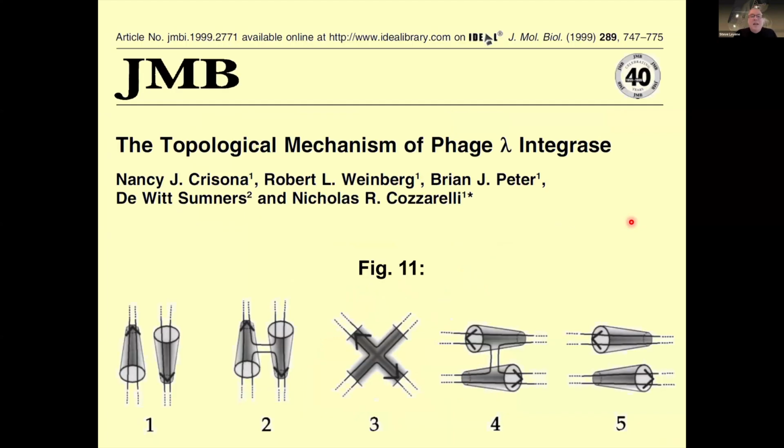This is entirely consistent with a model from DeWitt and Nick's paper that I cited earlier, where they showed a model consistent with all of their data from all of the integrase superfamily recombinases that could form such structures during recombination and resolution of the intermediate form.